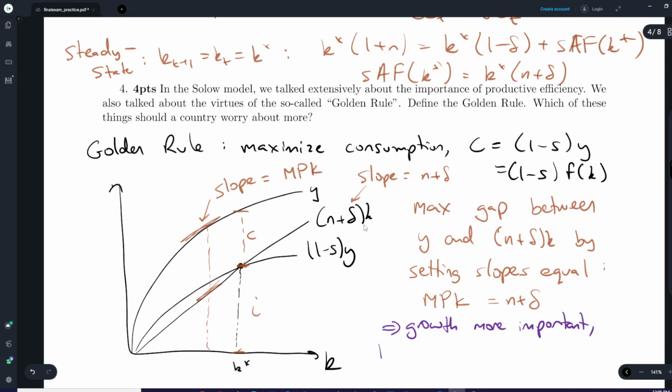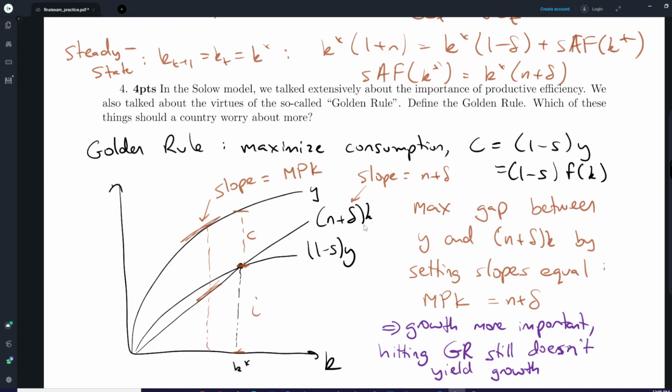Because hitting the golden rule still doesn't yield growth, right? When you hit the golden rule, you've hit the exact best level of consumption possible, but that consumption is not growing over time.